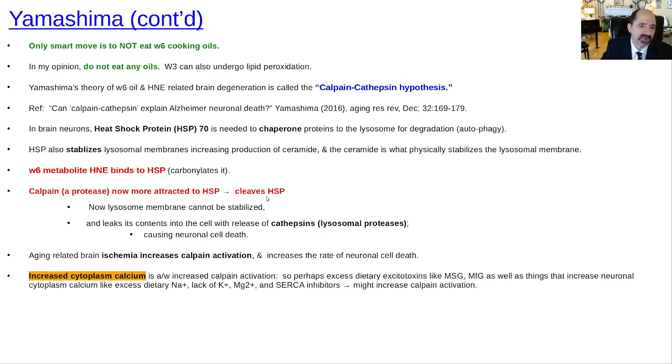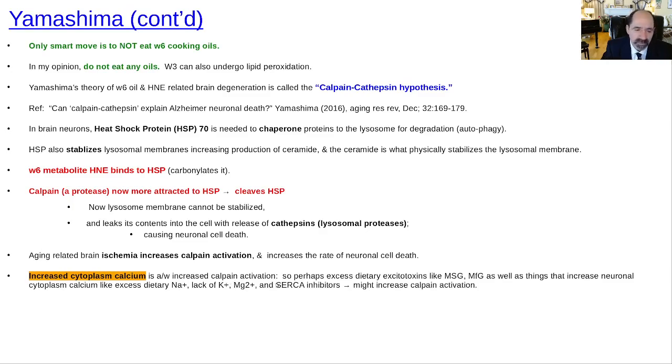And so this was the subset of patients in particular that were at increased risk for dementia, and Yamashima figured that out. Things that increase cytoplasmic calcium will also cause increased activation of calpain. And that's a great name for it, calpain. It's calcium activated, cal. Pain is it causes pain, does big time damage to your brain cells.